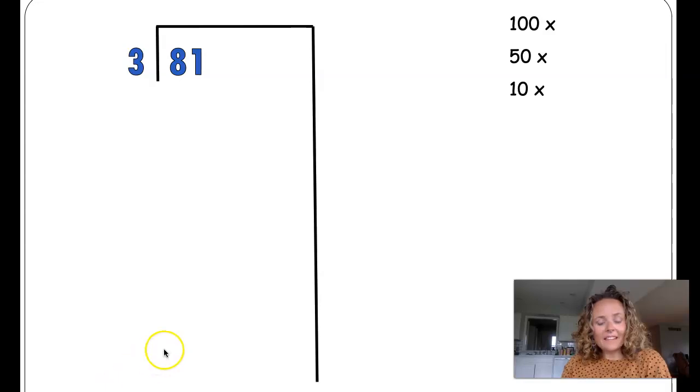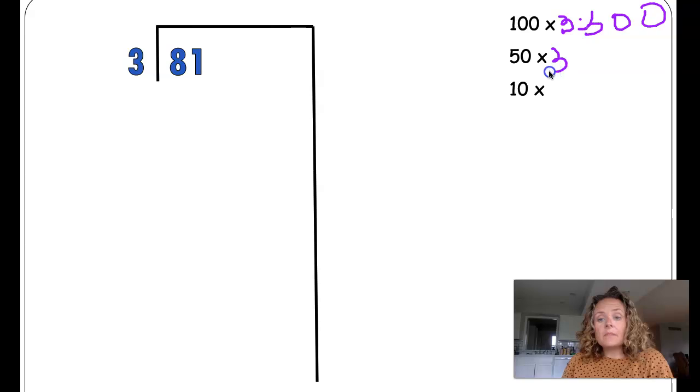Alrighty, welcome back. Let's begin by talking through our friendly facts here. Now we're dividing, our divisor is 3, so 100 times 3 is 300. Helpful or not? Nope, not helpful. Too big. How about half of that? How about 50 times 3? Nope, 150.